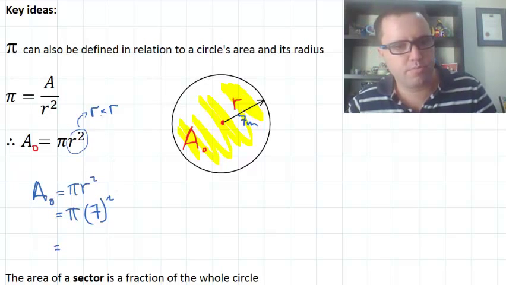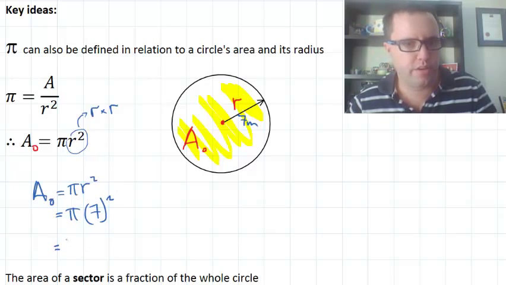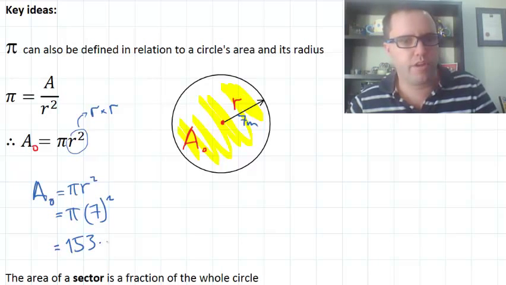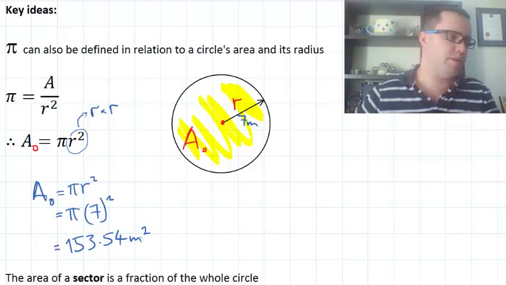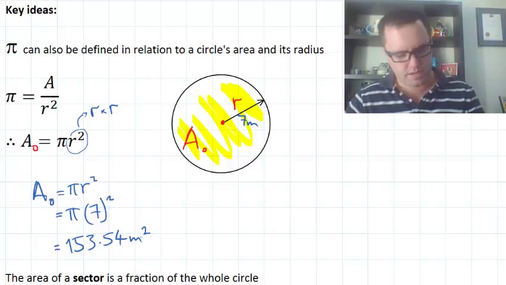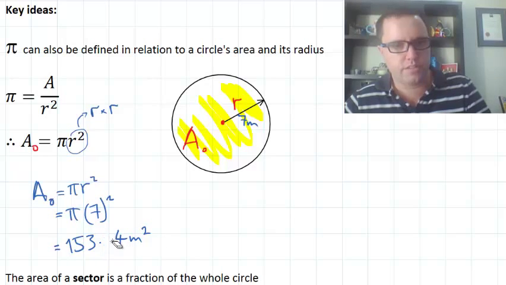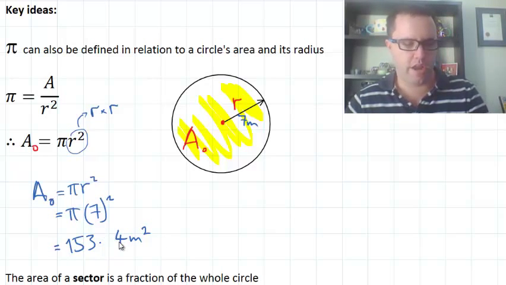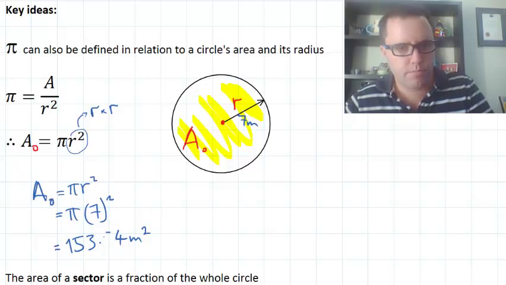Two decimal places is probably fine, but make sure you round correctly. So 153.94 meters squared. Please remember again to use our squared units there.